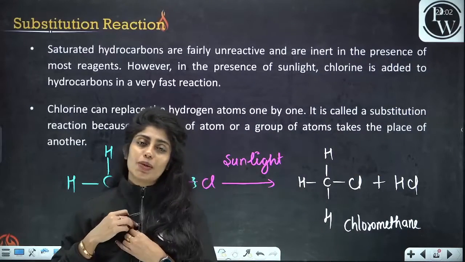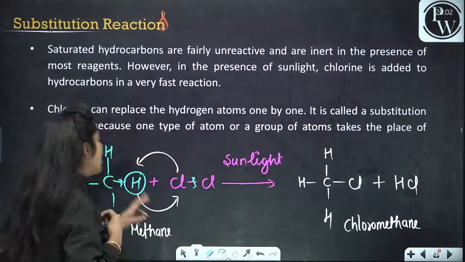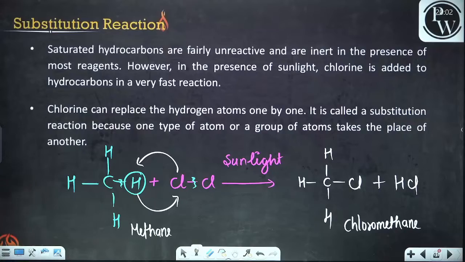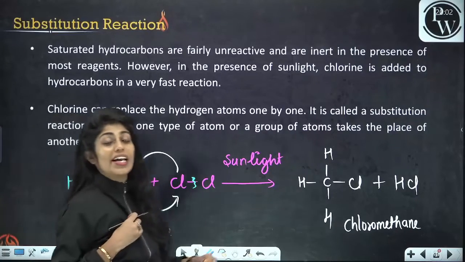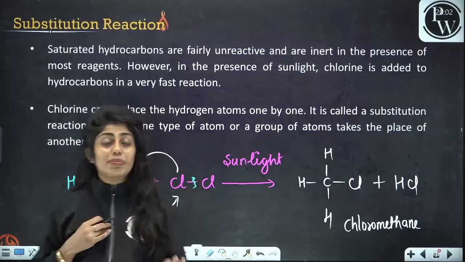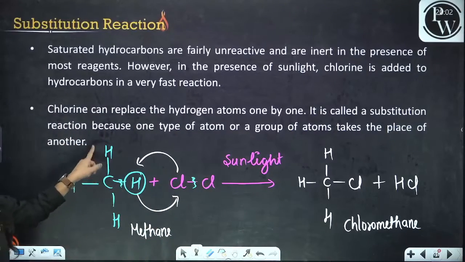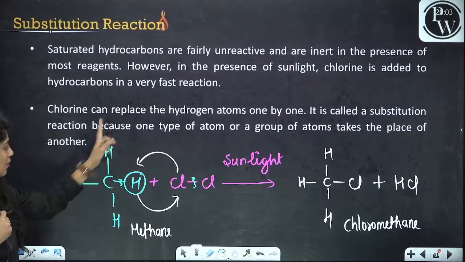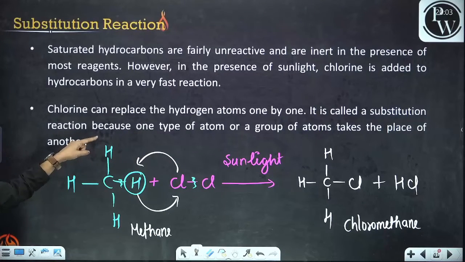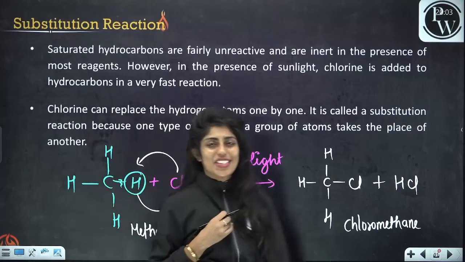One interesting point I would like you to note in your notebook, that all these 3 hydrogens can be substituted by other chlorines. Every time chlorine will not come singly, it will come in the form of Cl2. Every time, the next hydrogen will go, Cl will come, forming Cl, Cl, H and H, and again HCl.